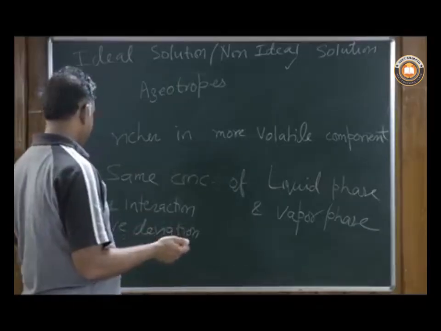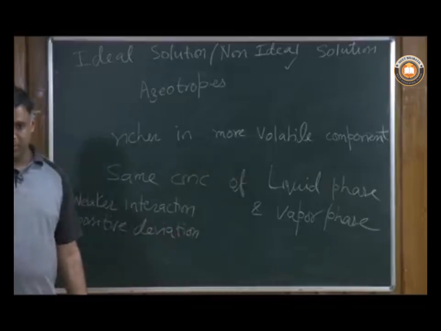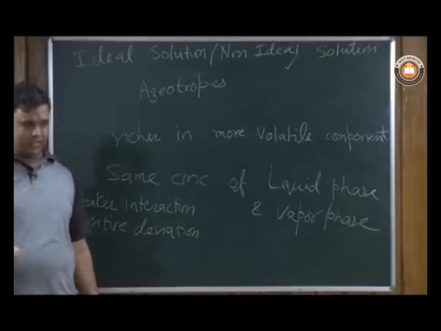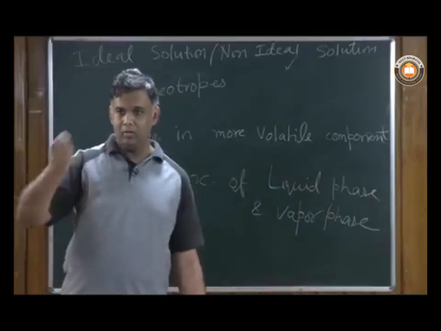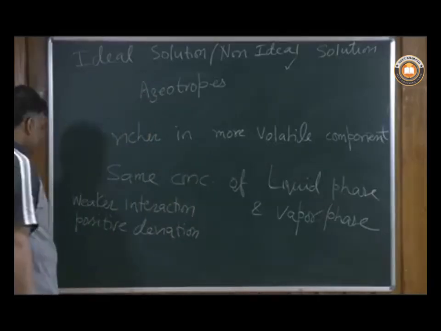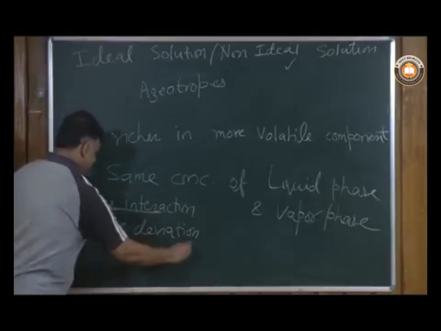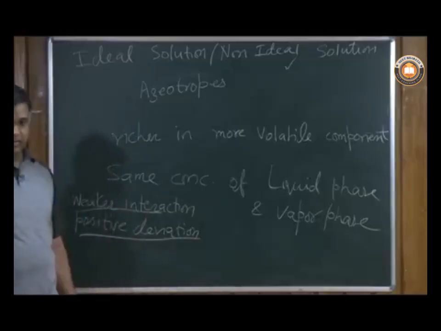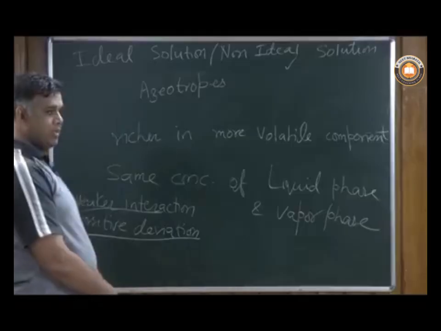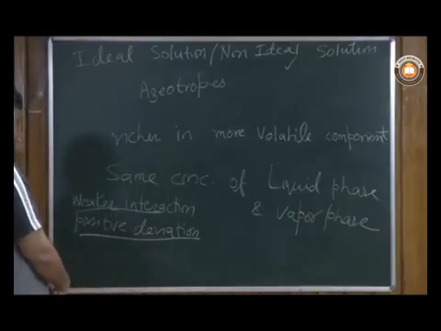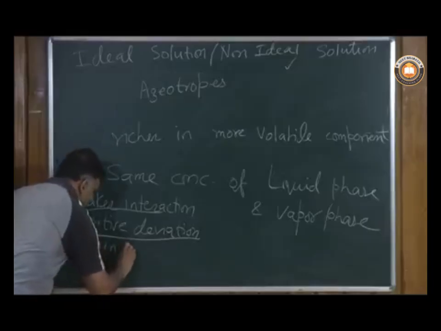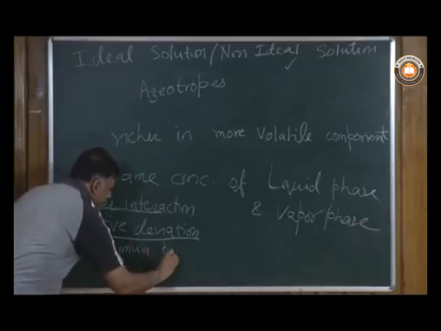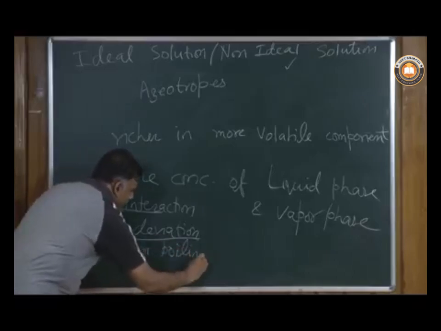We know that the higher the vapor pressure, the lower the boiling point. Higher vapor pressure means more volatile component, and the more volatile, the lower the boiling point. So, in this case, weaker interaction, positive deviation, means higher vapor pressure than calculated by Raoult's law, and it will lead to a minimum boiling azeotrope.